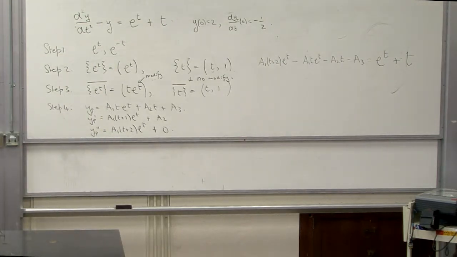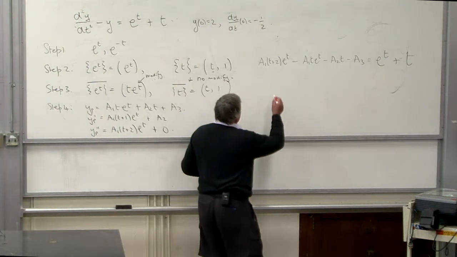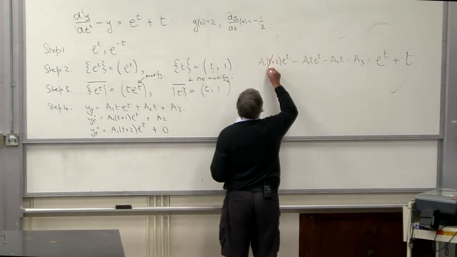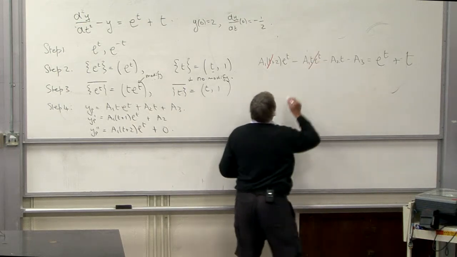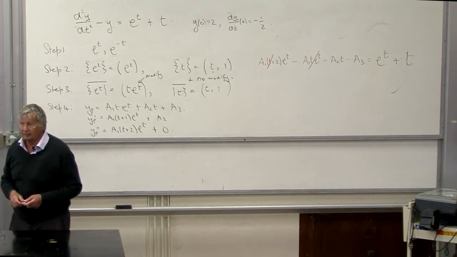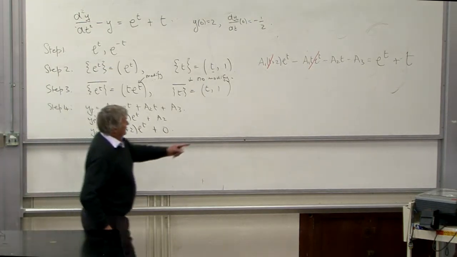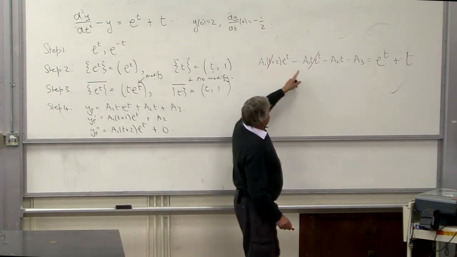Now, as always happens when you have to modify, you get a natural cancellation, so you end up with the right number of equations for unknowns. In other words, the t e to the t terms cancel.